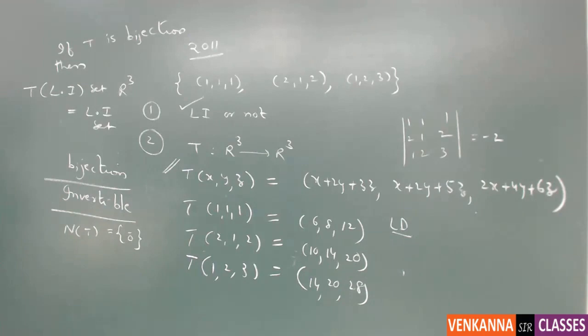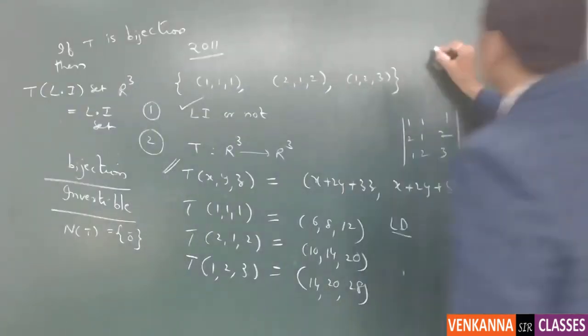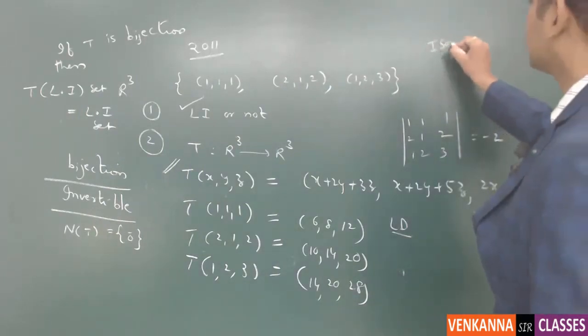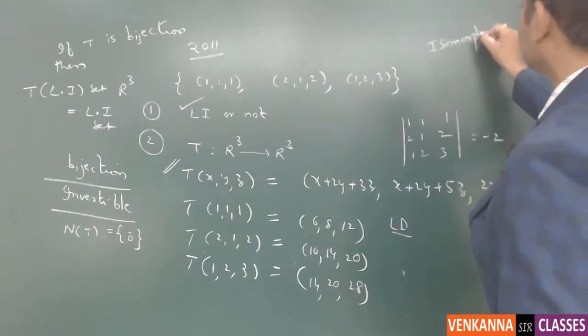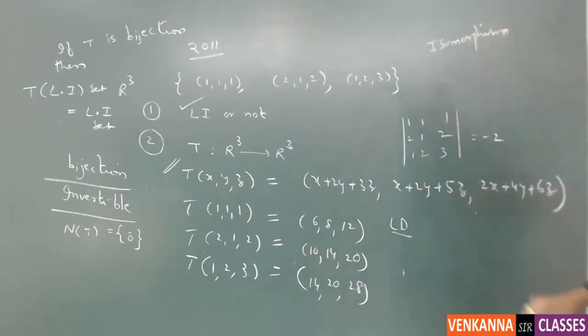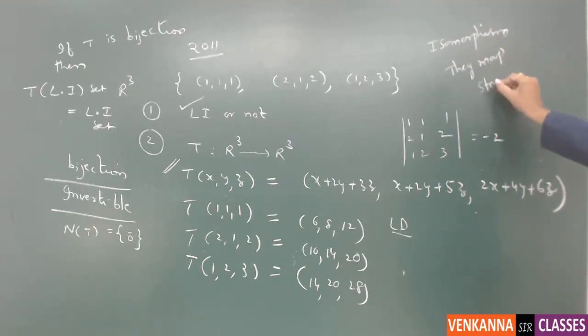Whenever the function is a bijection and by default a transformation, those types of functions we call isomorphisms. In other words, they map structure to structure.